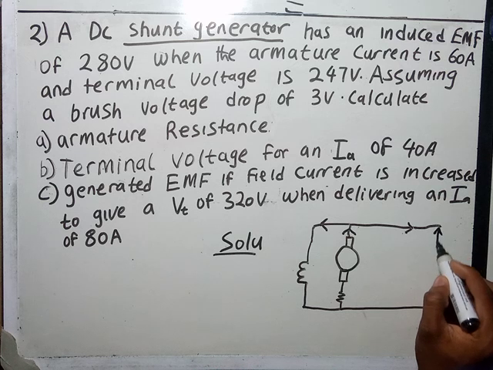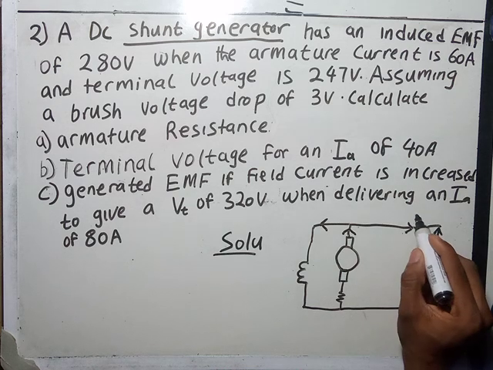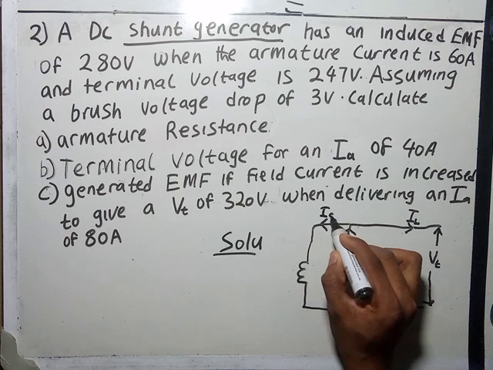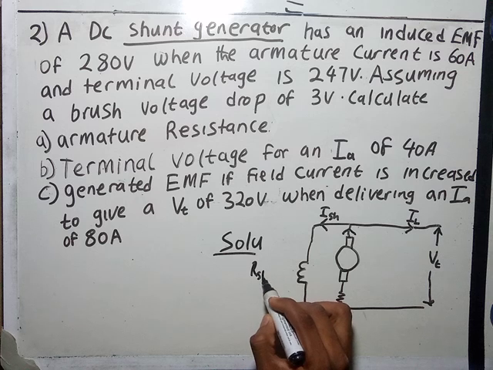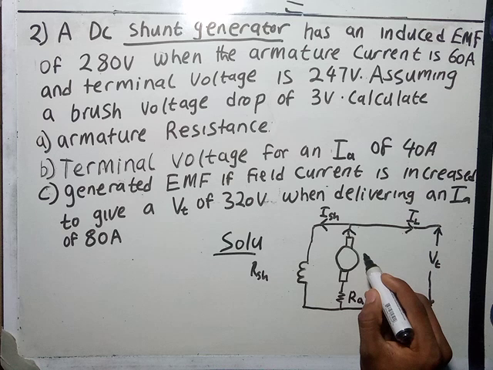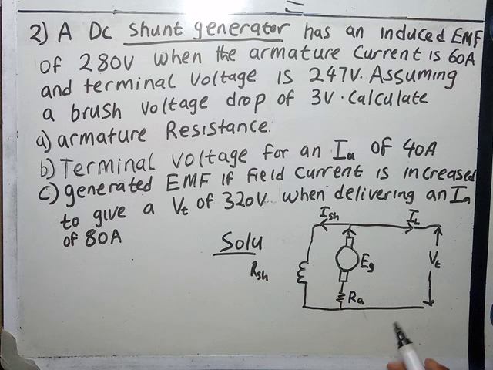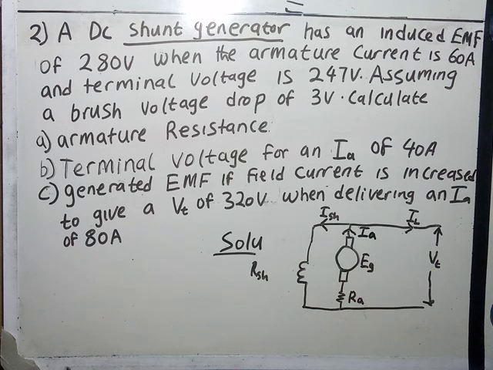So at this point we will have our terminal voltage VT. We will have our load current around here, our shunt current around here, our armature resistance, our shunt resistance, our generated or induced EMF, and our armature current. Okay, so let's check what parameters we are given.